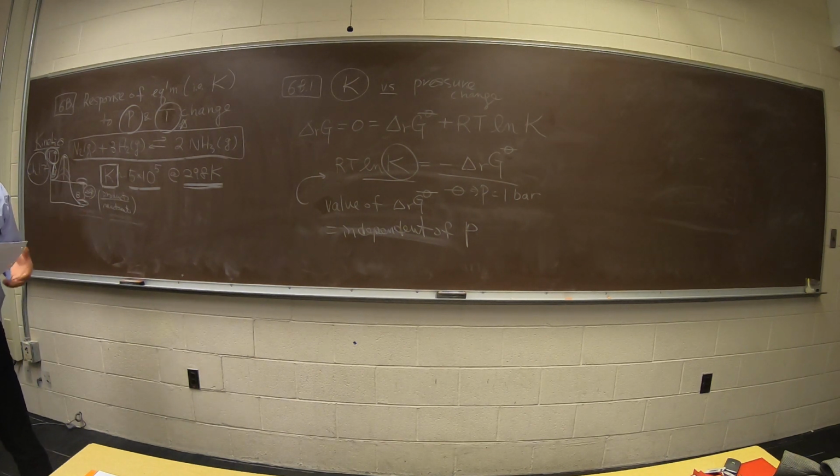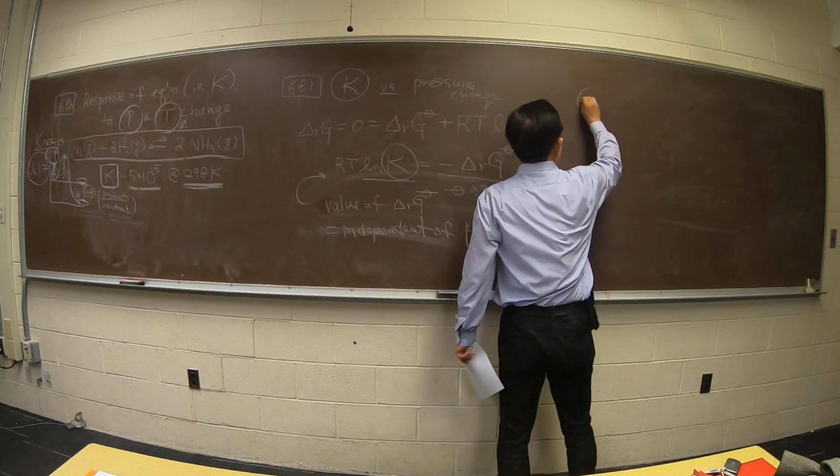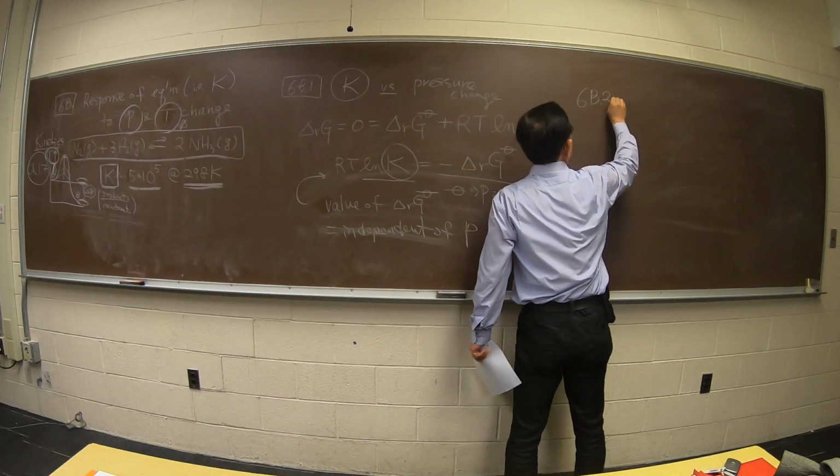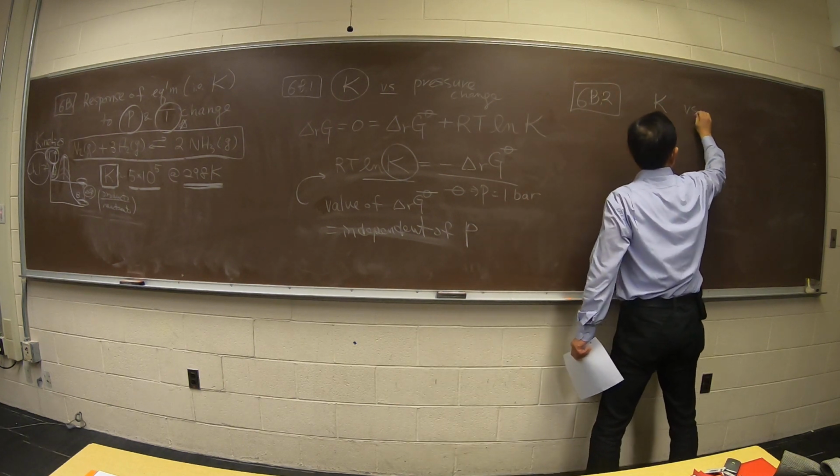So there's nothing more I can say than that: when you change the pressure, the K value remains unchanged. Okay? And so that's what it is. But what about number 2, K versus temperature?